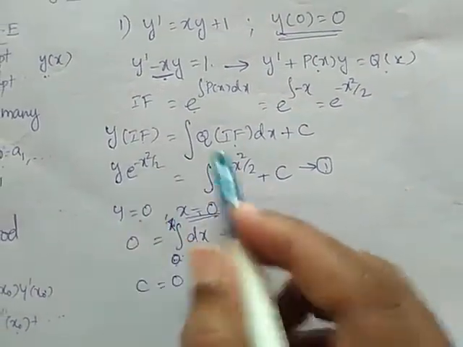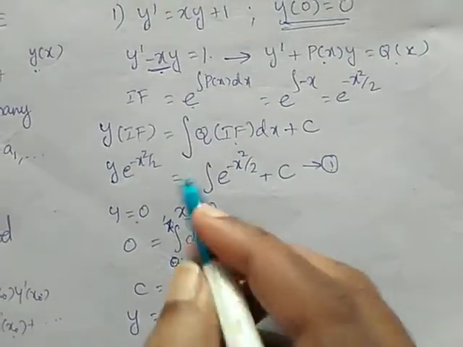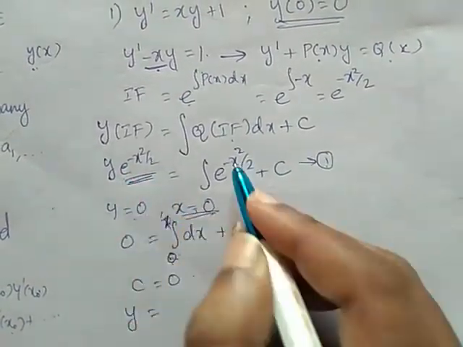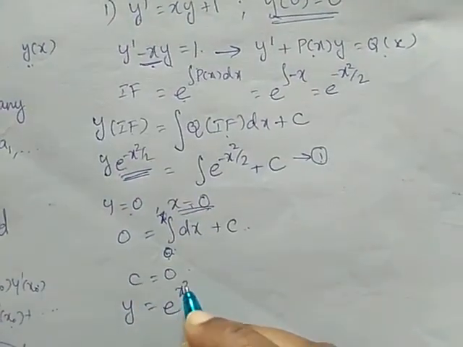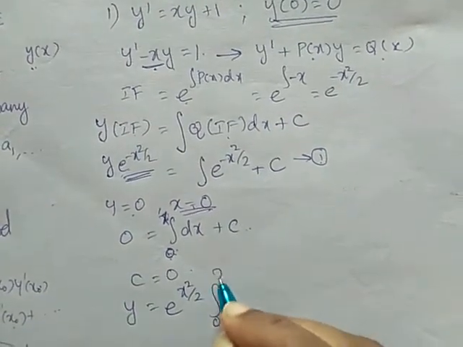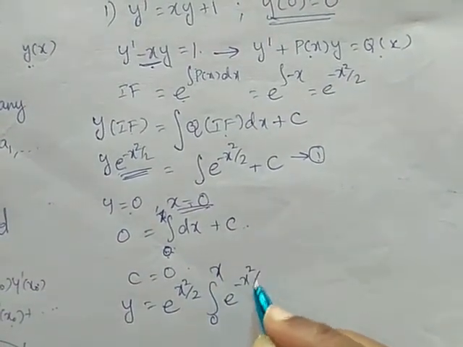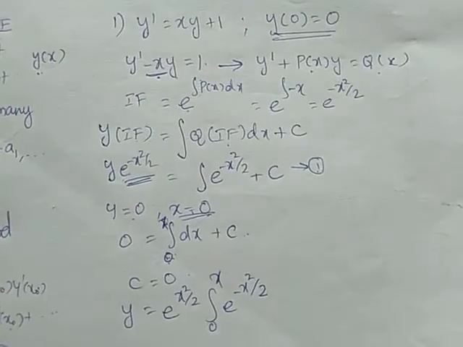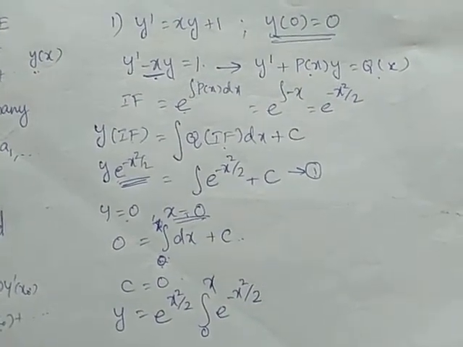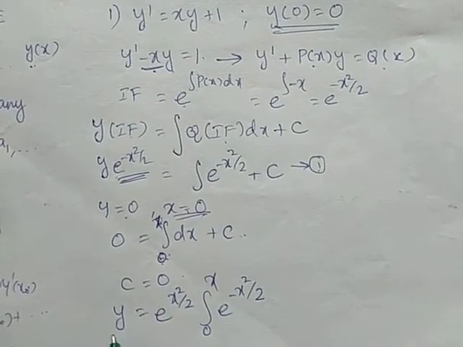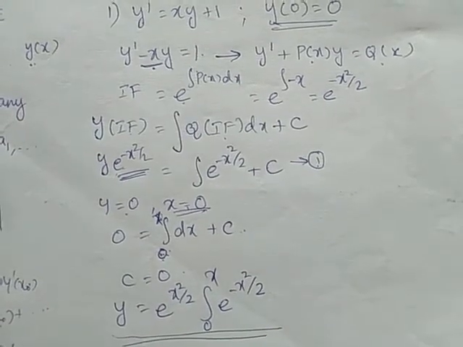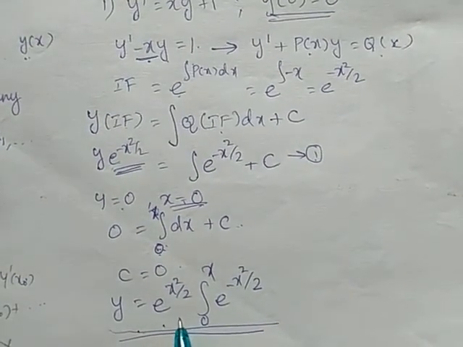Therefore our solution is y, shifting this to the right-hand side, e power x square by 2 times the integral from 0 to x of e power minus x square by 2, with c being 0. This comes under local analysis.